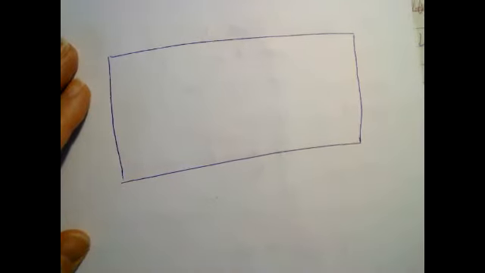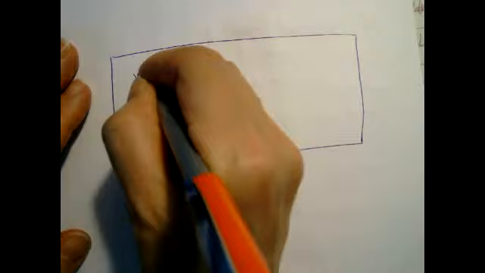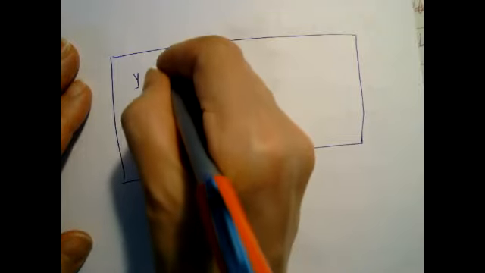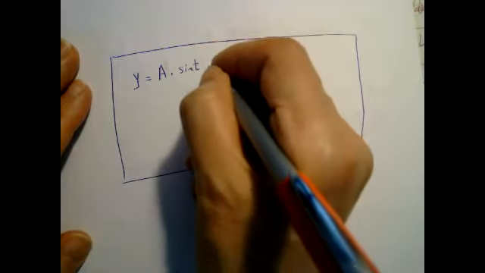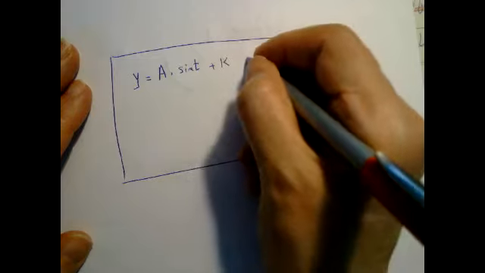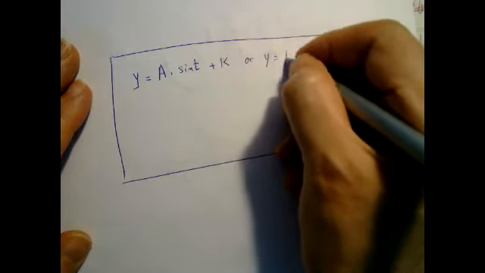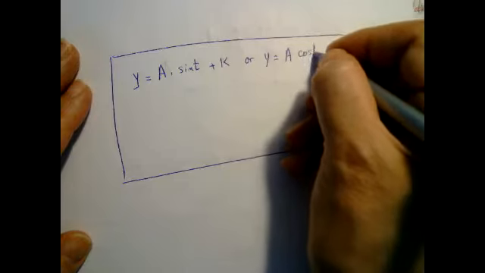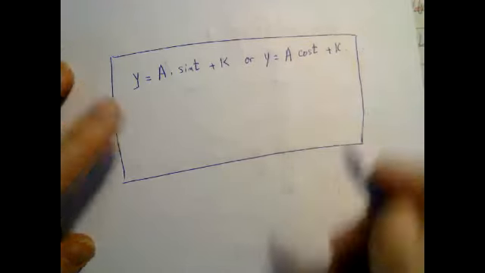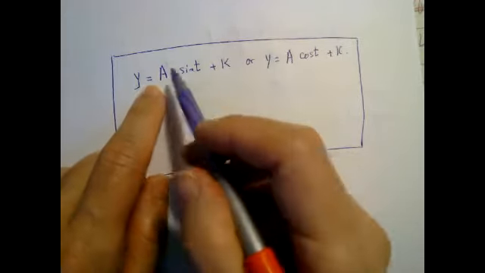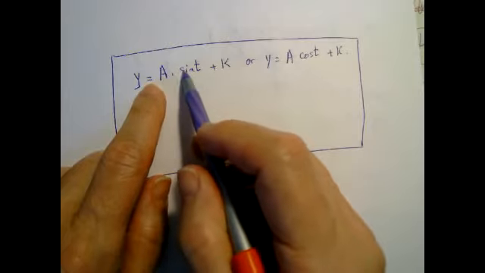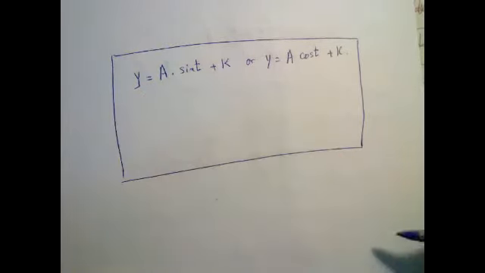In general, suppose we have a function y, and this function has the following form: a constant a times the sine t plus a certain constant k, or the function has the form a cosine t plus k. Now the a could be positive or negative, because if a is positive, the graph would be like the sine, and if a is negative, we're reflecting the sine.